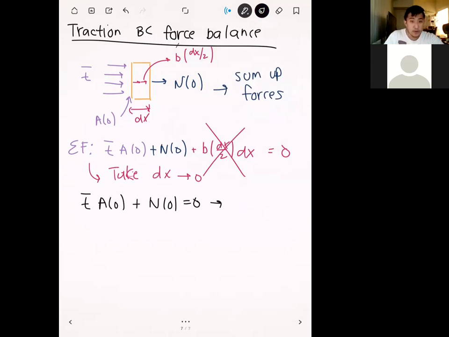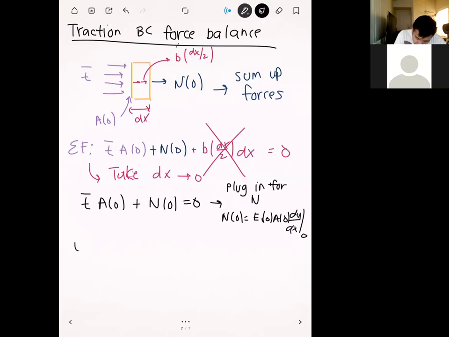Let's plug in for N, because from the previous derivation we know an expression for N in terms of the displacements. N of 0 is equal to E of 0, A of 0, and du dx at 0. We plug that in and get T bar A of 0 plus E of 0, A of 0, du dx at x equal to 0, all equal to 0.